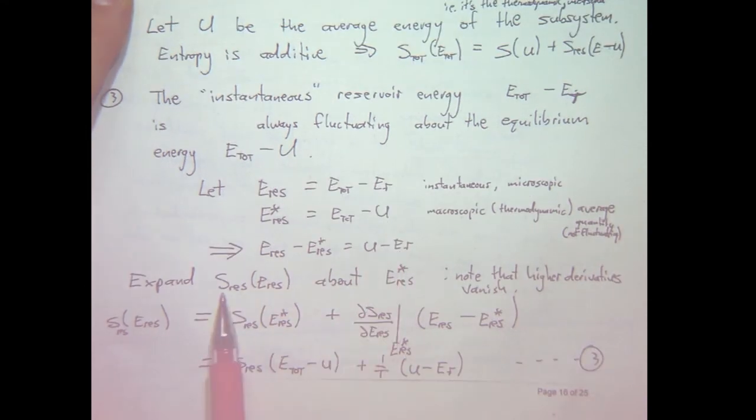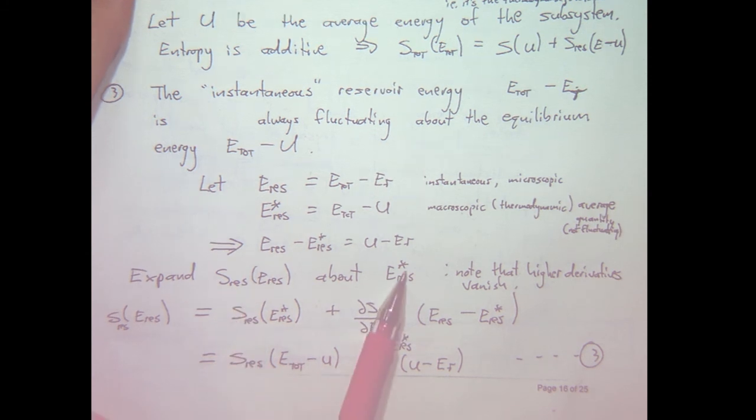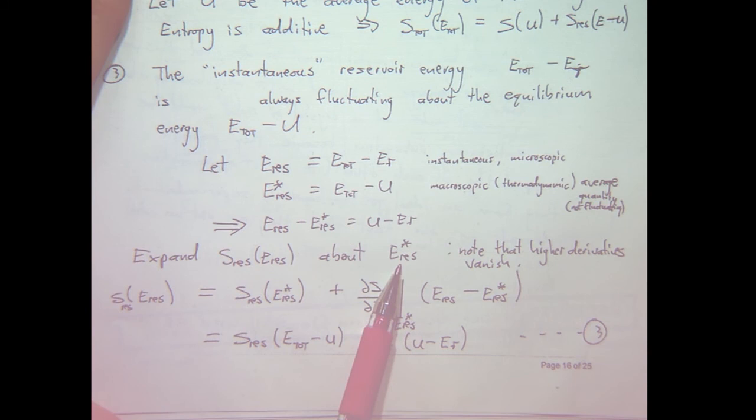Right. So now expand the reservoir entropy about the thermodynamic average energy. And note, remember that higher derivatives vanish because it's a reservoir. That's a big, nice point.